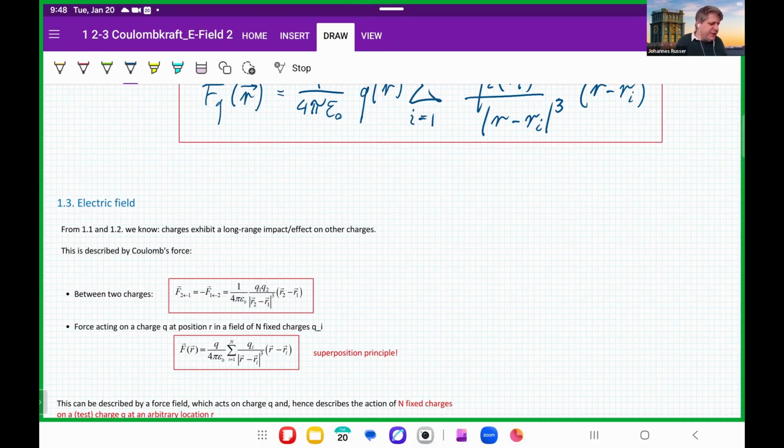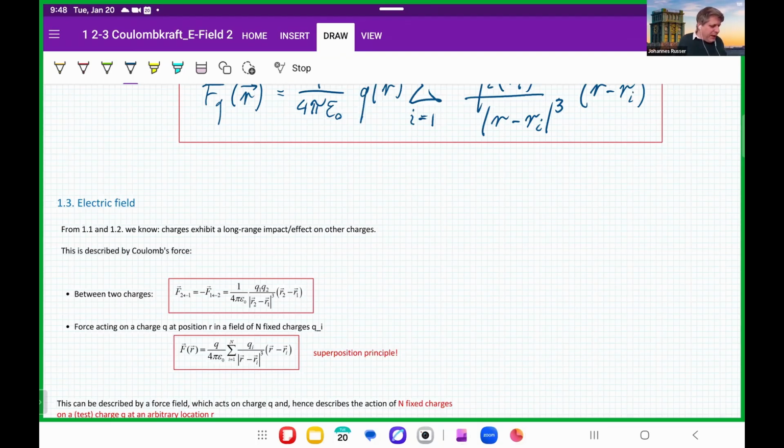It means the other charges here are fixed in space. We assume them to be fixed in space here. And the test charge, however, is very small and we can move it around and see what force is acting on it. So this is always in the static case. You observe what force it experiences.